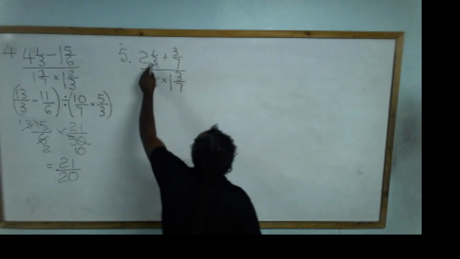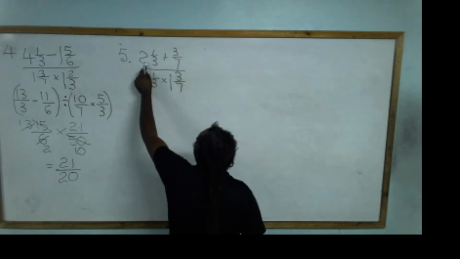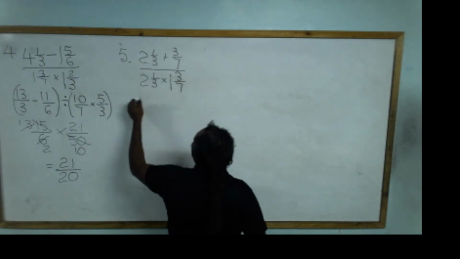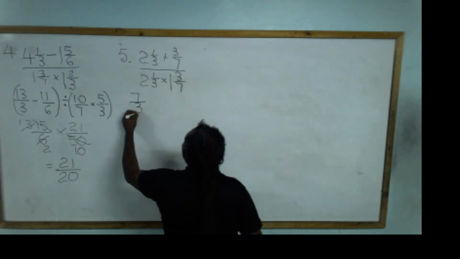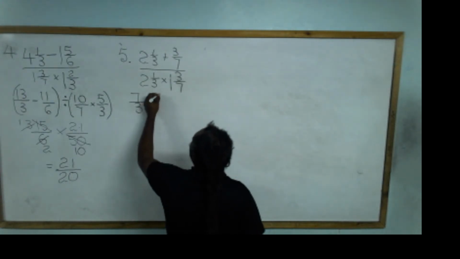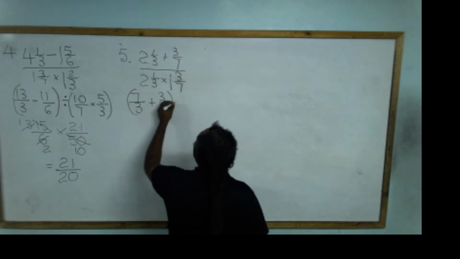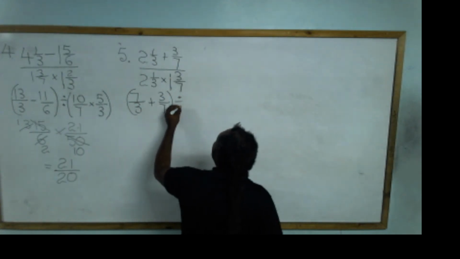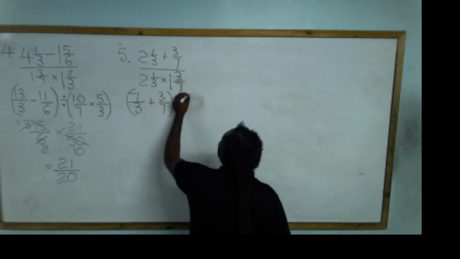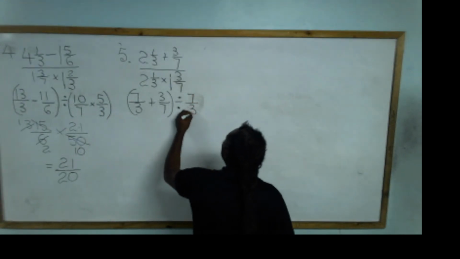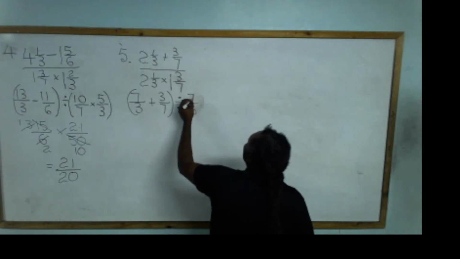Of course, we can see that these two are the same. 6, 3, 2, 6 plus 1, that's 7. So we're going to have 7 over 3 plus 3 over 7 to be divided by 7 over 3. Yes, we know that it's 7 over 3 already. 7 over 3. And I can remember this, I've seen this a long time ago, somewhere else.